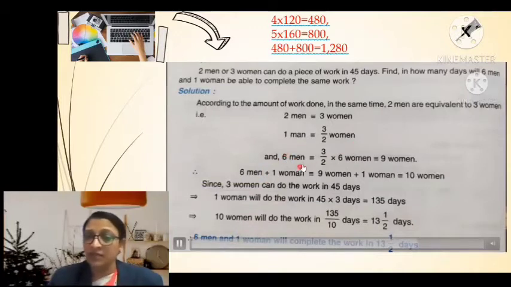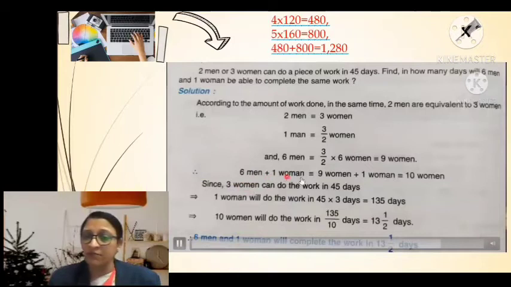So 6 men is equal to 3 by 2 multiplied by 6 women. On doing the multiplication and division, 2 ones are 2, 2 threes are 6, 3 into 3 is equal to 9 women. So 6 men is equivalent to 9 women.